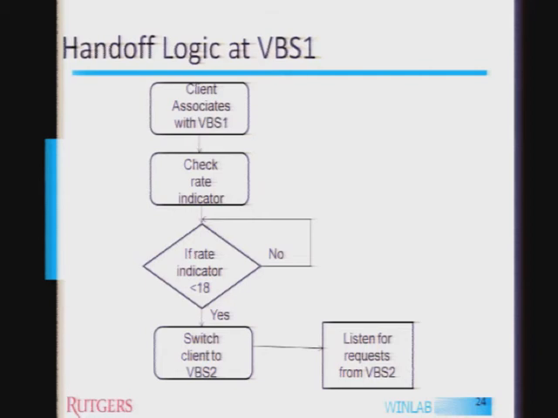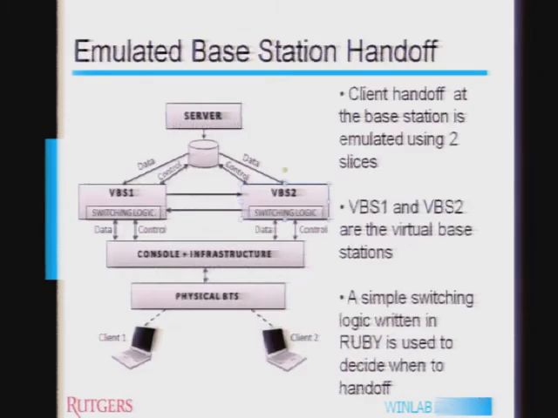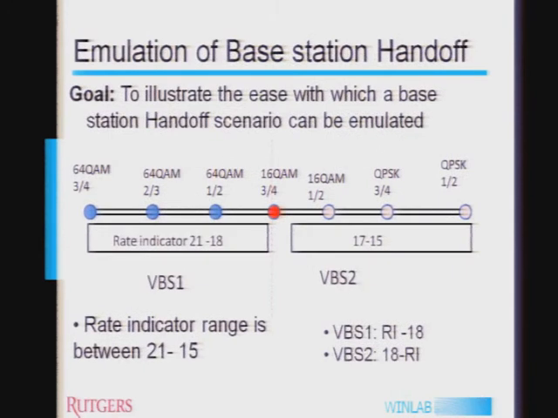Initially the client associates with the base station, and you have information that the client is associated. You query the radio resource manager grid service to check the rate indicator, and if the rate indicator drops below 18, like we've decided, you switch.